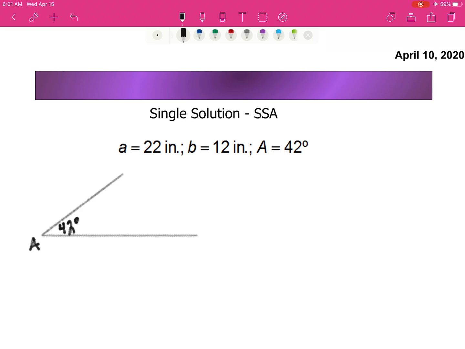Now, across from 42 degrees, I have 22 inches. But I don't know where 22 inches goes. Does it go here? Does it go straight down? Does it go out that way? I can't draw that one yet.